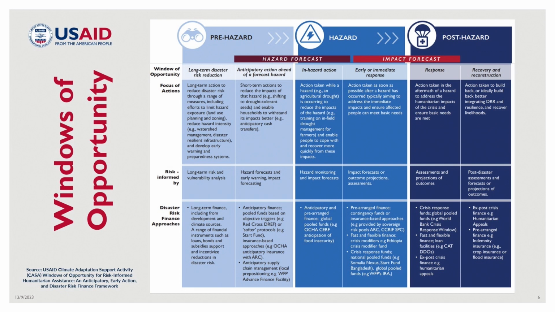We use different words for the windows. But if you want to do things in anticipatory action, that tool is much more challenging. Grant finance is typically more effective. Not to say that you can't use a parametric product there, but that tends to be the case.